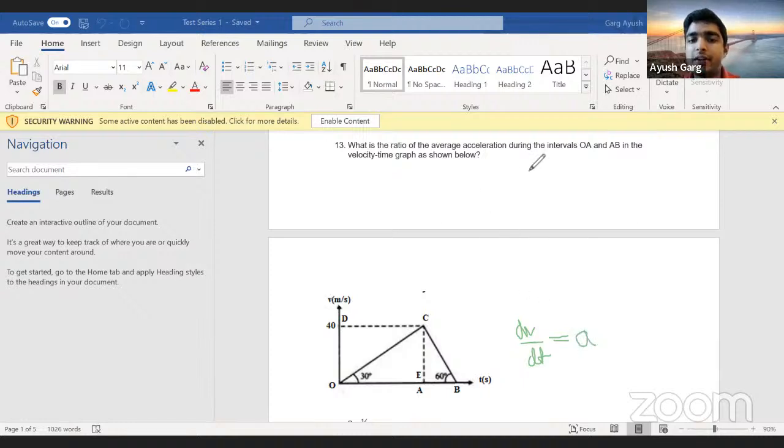So the ratio of the average acceleration during intervals OA and AB. OA is one time interval, AB is another time interval. So during this period, the acceleration is going to be the slope of this. During this period, your acceleration is going to be the slope of this. Correct?